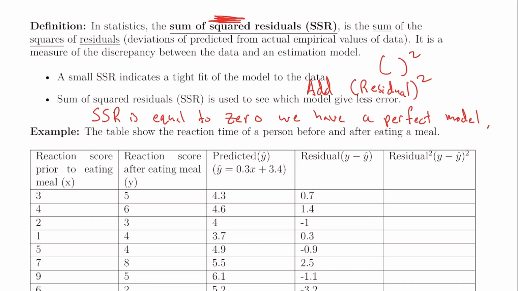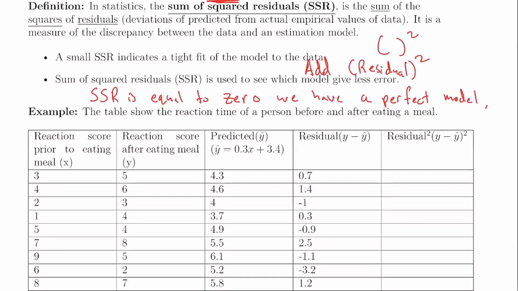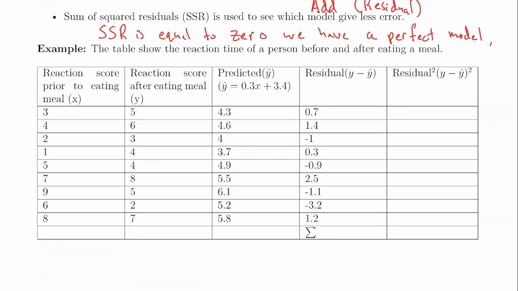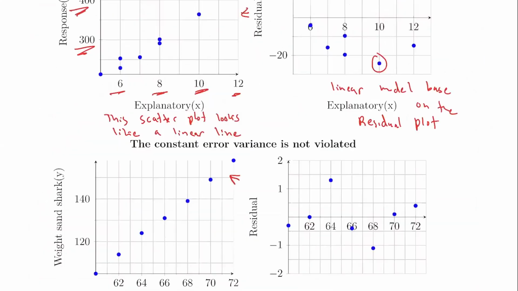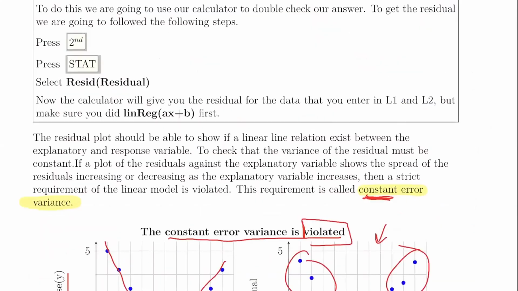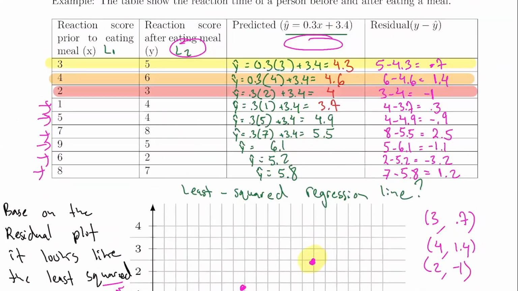So up next, we're going to use the same problem that we used to calculate the residual plot. And now we're going to calculate the sum of square residual. If you look right here, I already calculated the residual. It should be exactly the same thing that we got when we calculated over here.